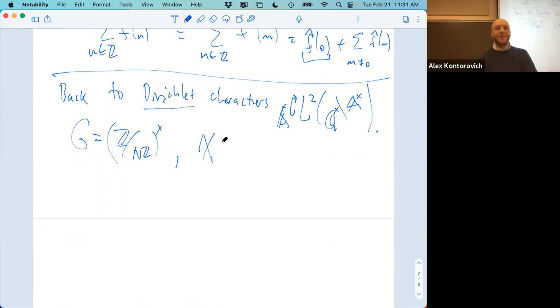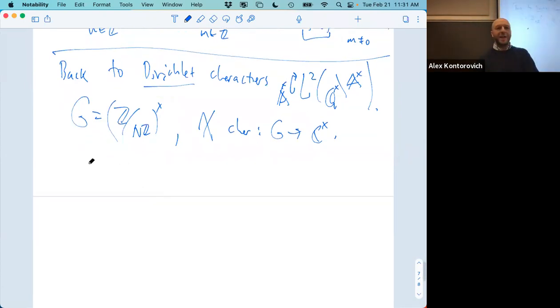So chi is a character, a map from G to C cross in this case. You remember that we talked about Dirichlet characters a couple of lectures ago, so hopefully you remember what these things look like. We worked out the table for Z mod 12 or something. We're going to extend a character.